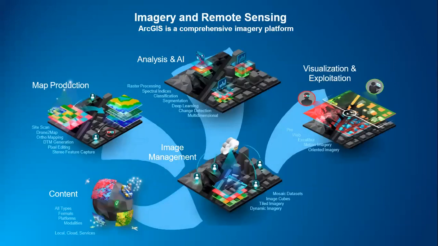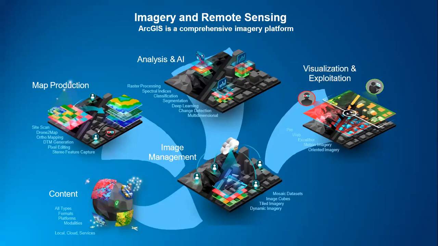So for imagery and remote sensing, this is a comprehensive imagery platform that can assist you to do map production. And for map production, you can utilize different products. For our case, we are going to discuss SiteScan. Then we also have Drone2Map, which is software that can assist you to do some analysis, visualization, and also image management.